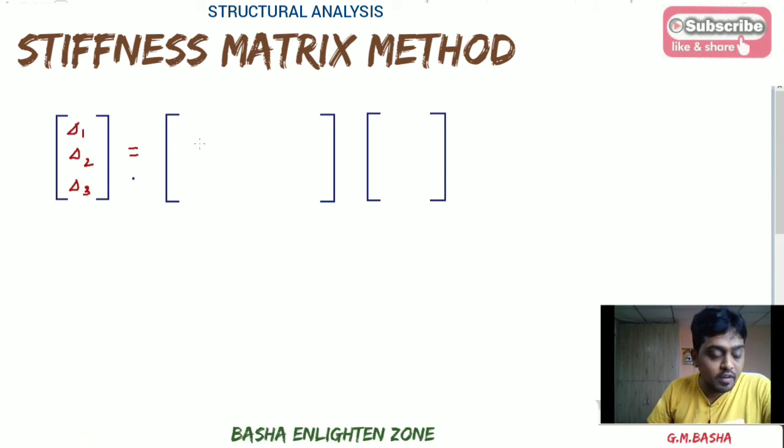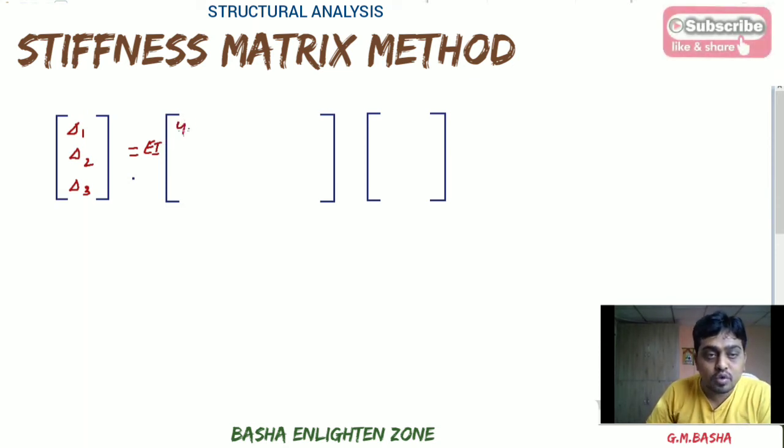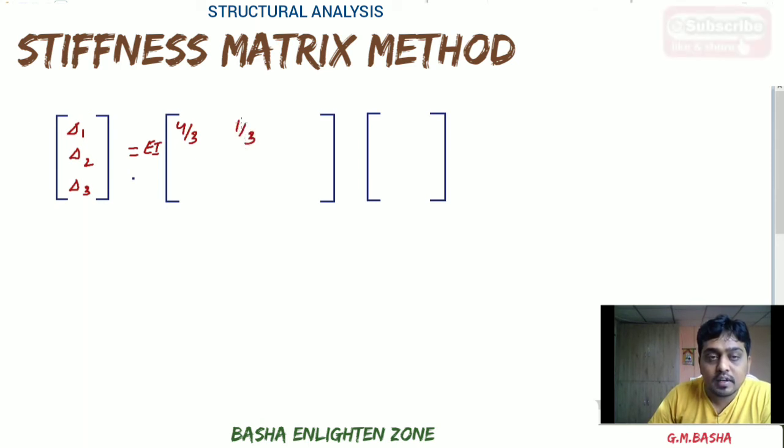What about this K11 value? So I am substituting all the values in the formula. That one will be equal to, so I am taking EI common for all the terms, 4EI by L like that. So your K11 value will be 4 by 3. So take down as it is. Similarly, your K12 and K21 values will be equal to EI by 3, which is 1 by 3. That is K21 and K12.